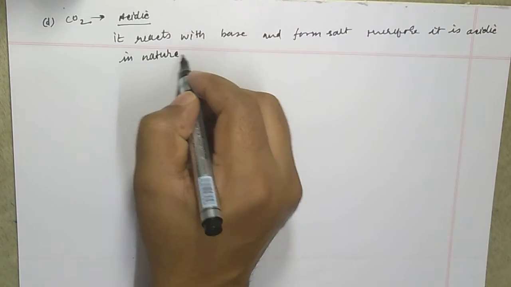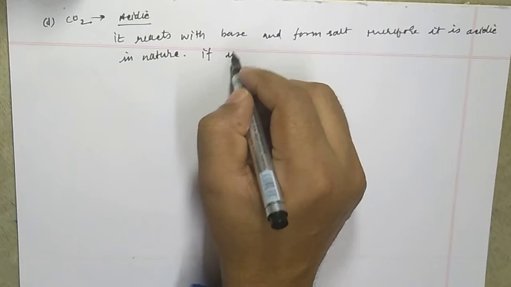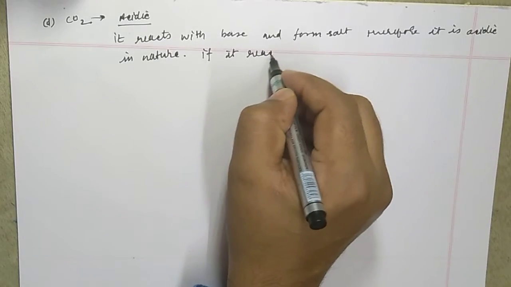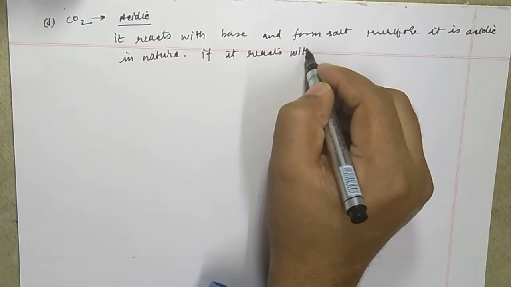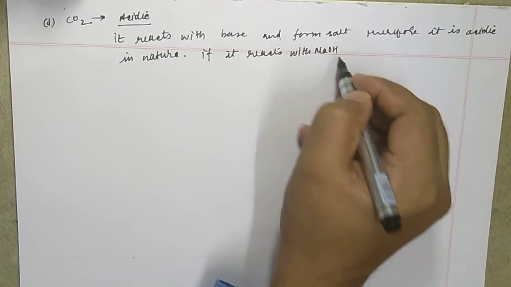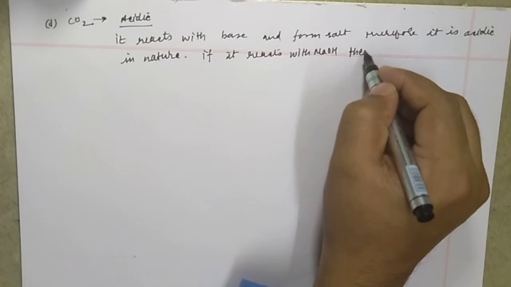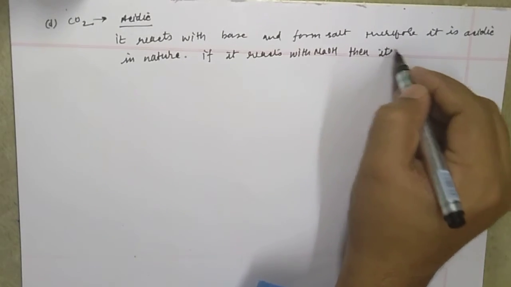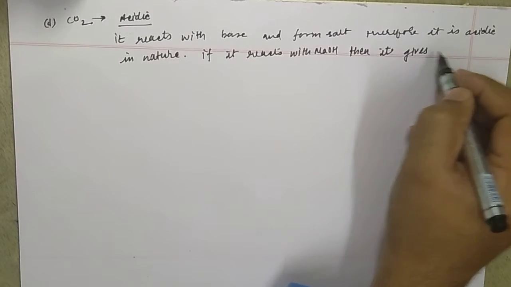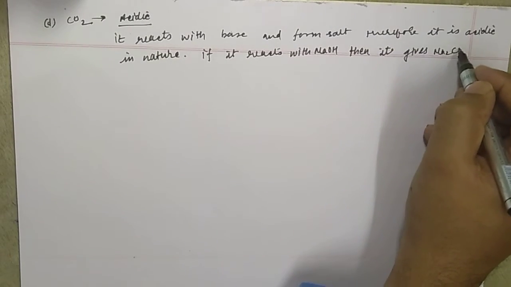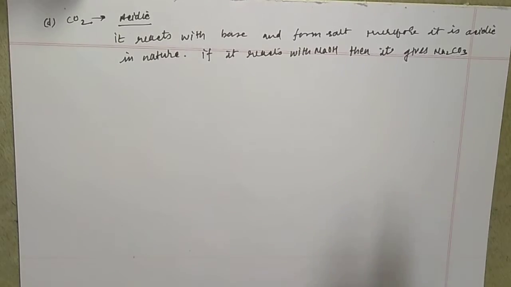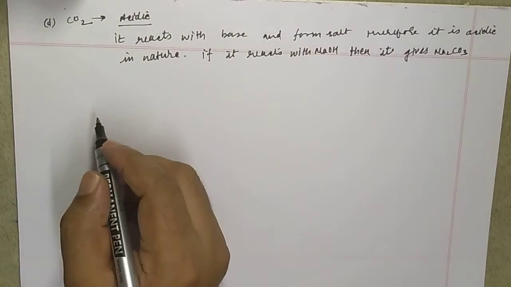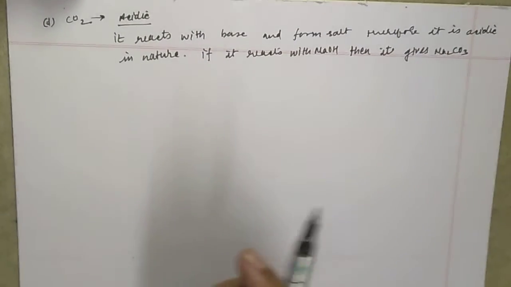Now let us prove it with the reaction. If it reacts with NaOH, then it gives Na2CO3, sodium carbonate.